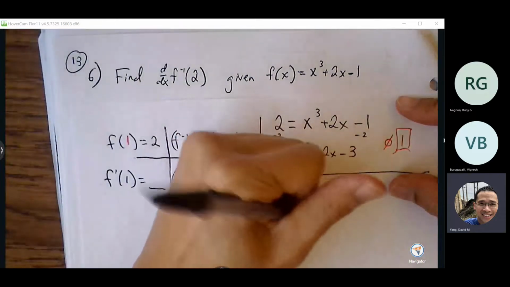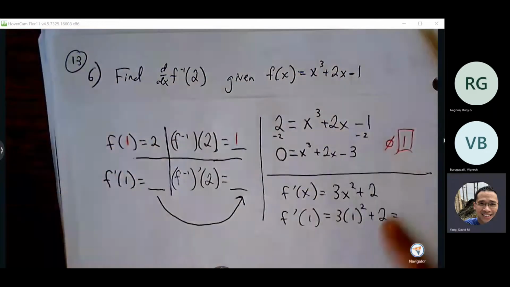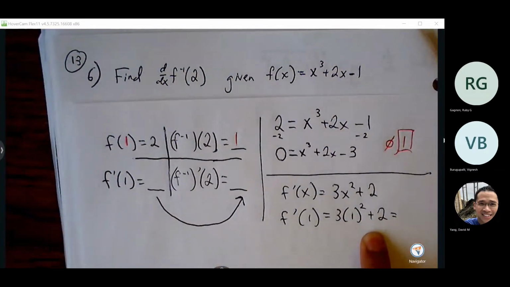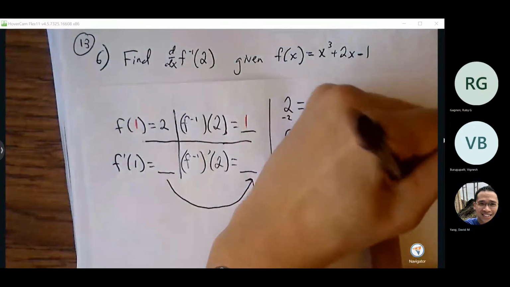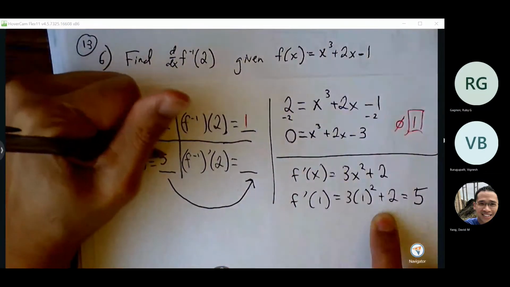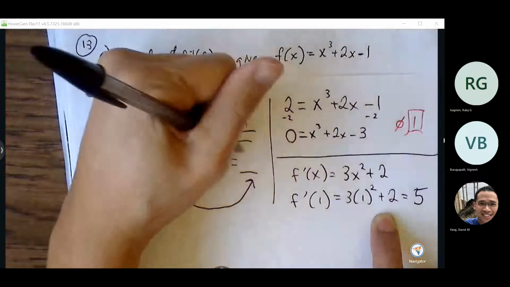F prime of 1 is 5. So the inverse at 2, 1 must be 1/5.